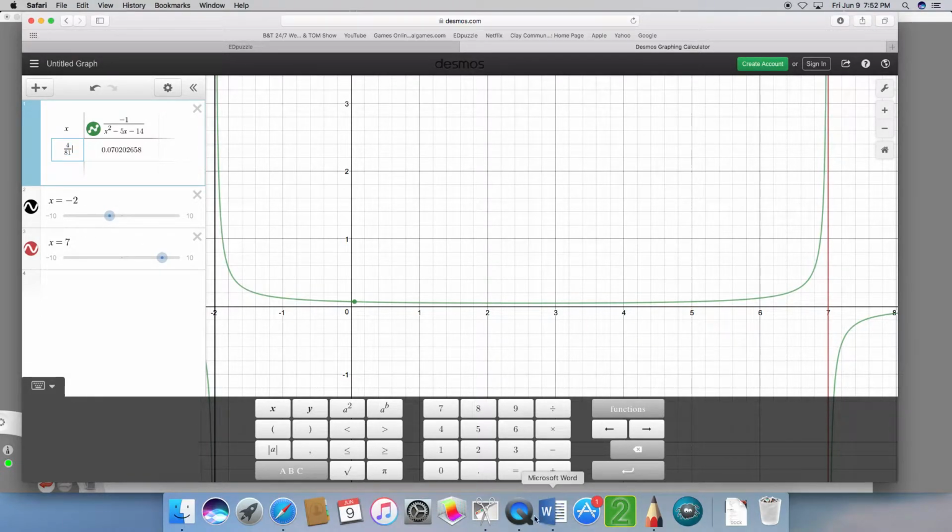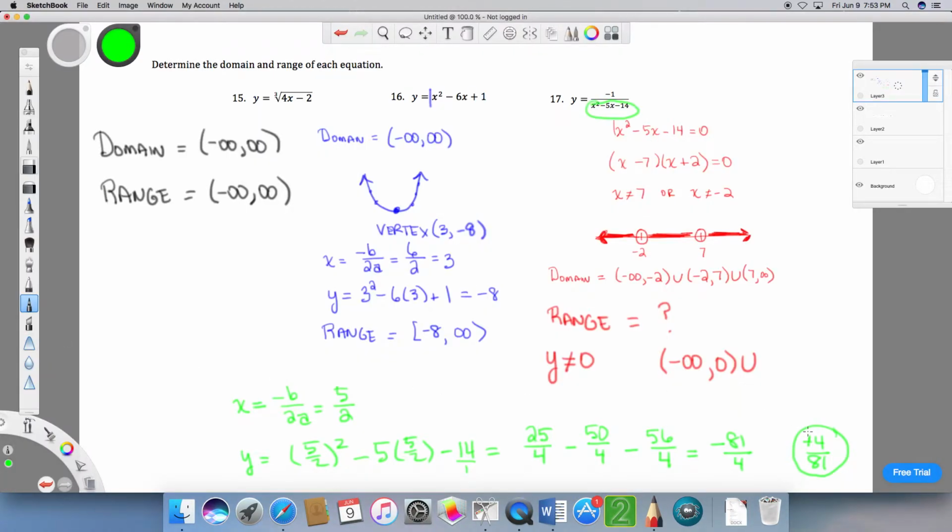Okay, now wait a minute. Maybe this isn't as illustrative as I thought. Where's my 4 over 81? Why do I have 81 here? Because I added -25 plus 25 plus 56. Is that what I did? Yeah. So 81 is right. So 4 over 81.